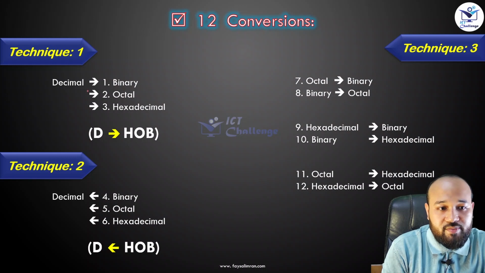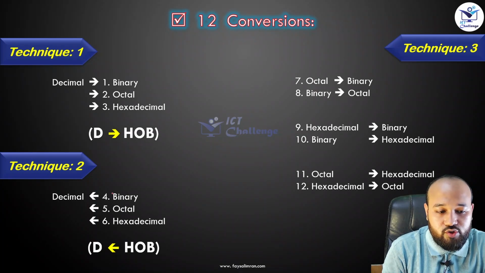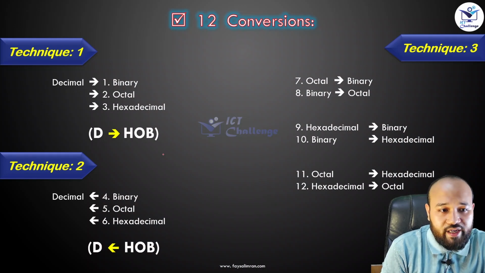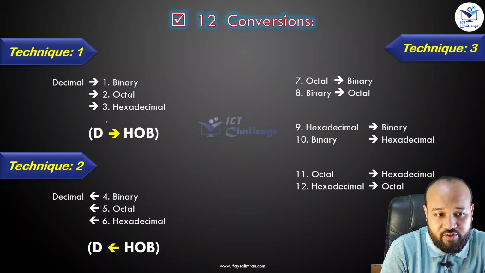That means decimal to binary, decimal to octal and decimal to hexadecimal. Technique 1 has 3 conversions and technique 2 also has 3 conversions, the opposite of technique 1. And now we can easily say that we don't have any conversion left related to the decimal number system.